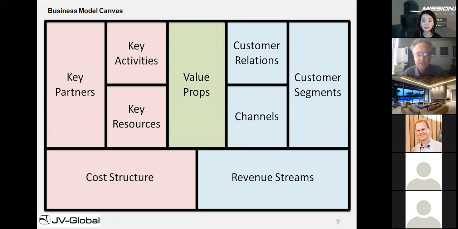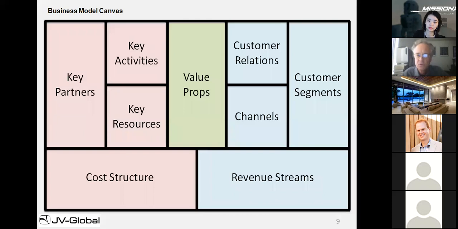And let's go again to the center box. In the middle sits your product or your service, which is denoted here by the label value propositions. To the right of that center box, you have everything that's outward facing, i.e. facing your customers. You are looking at your customer relationships. How do you want to develop those?